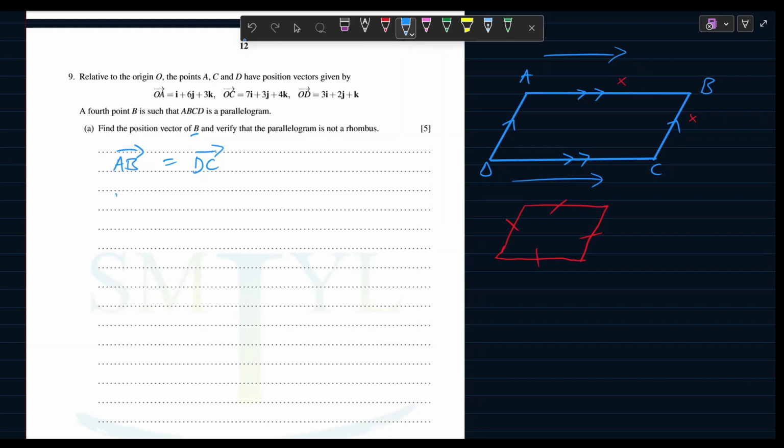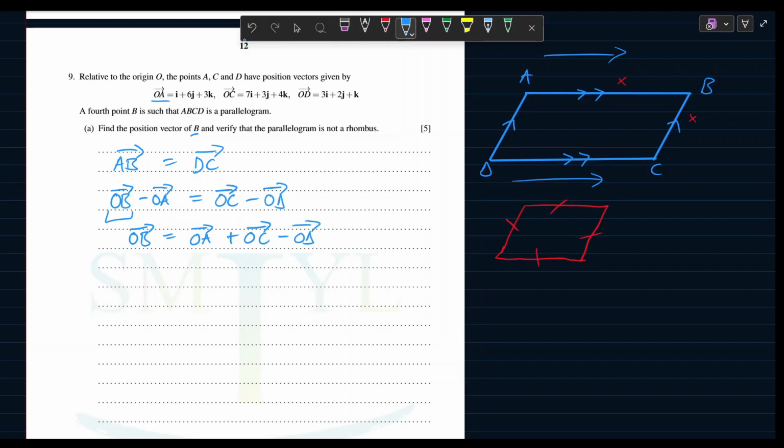So AB is the same as OB minus OA. And then DC is the same as OC minus OD. And what we're interested in is OB, so I'll just make that subject of the formula. So OB is equal to OA plus OC minus OD.